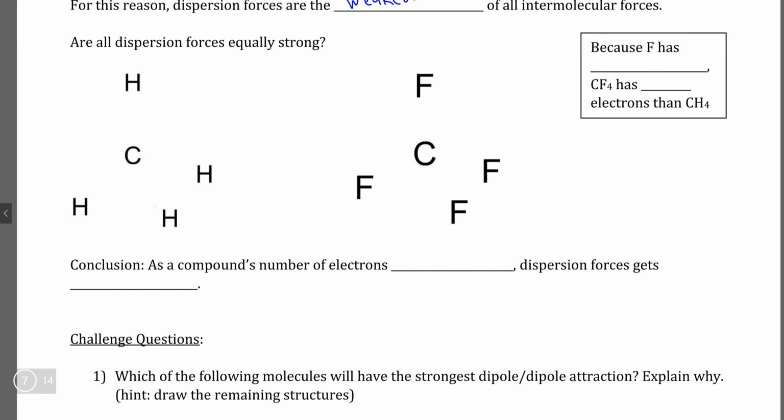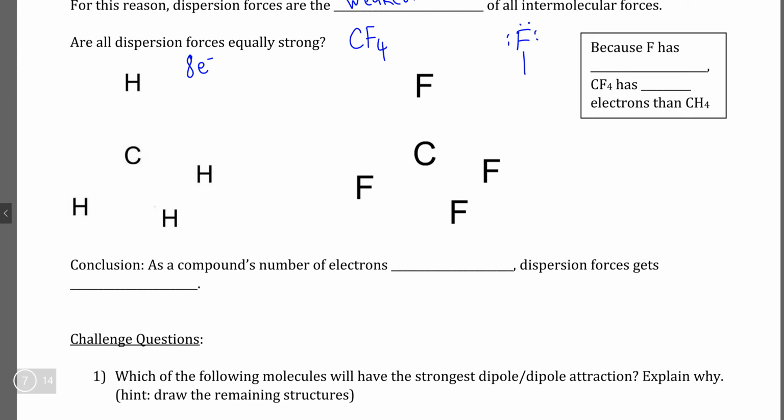That being said, are all dispersion forces equally strong? Well, if we consider CH4, which only has the 4 bonds, that means it has 8 electrons from the 4 bonds. If we compare it to CF4, what does fluorine have that hydrogen doesn't? Fluorine, as we remember, has 3 lone pairs, and when it's in this molecule, it is going to have the bond as well.